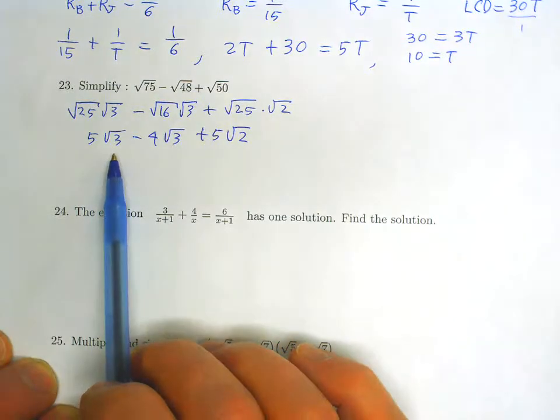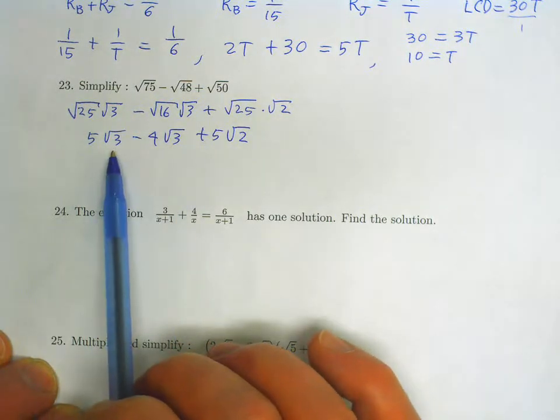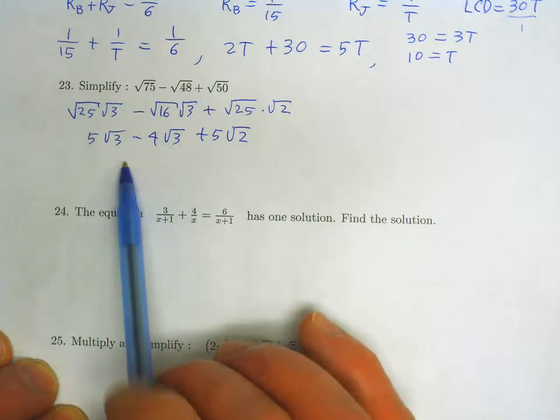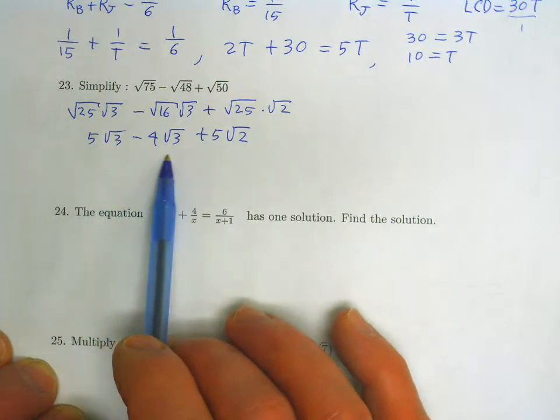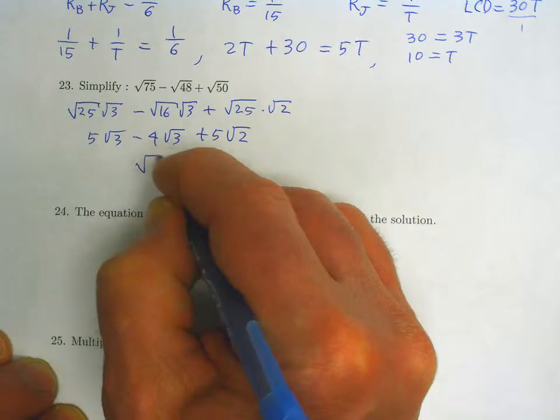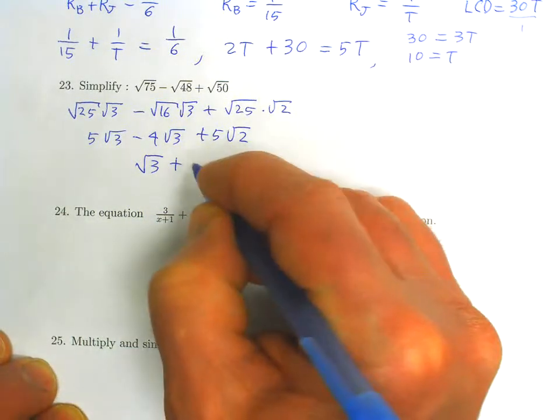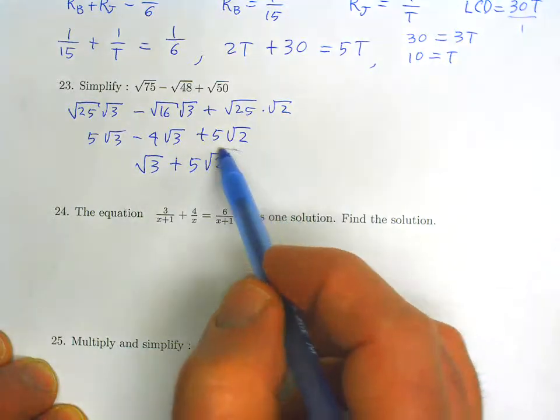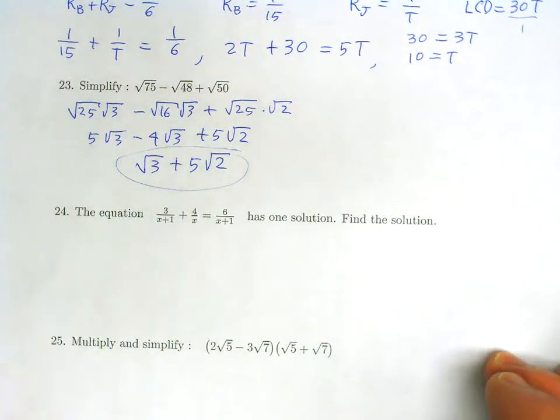Only 2 of the square roots are like radicals, so we can combine those two. 5 times the square root of 3 minus 4 times the square root of 3 is just the square root of 3, which we add to 5 times the square root of 2. This is as far as we can simplify that.